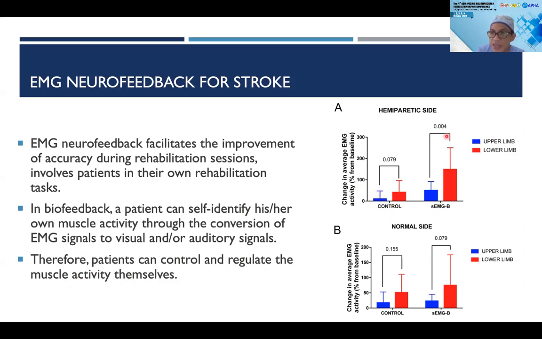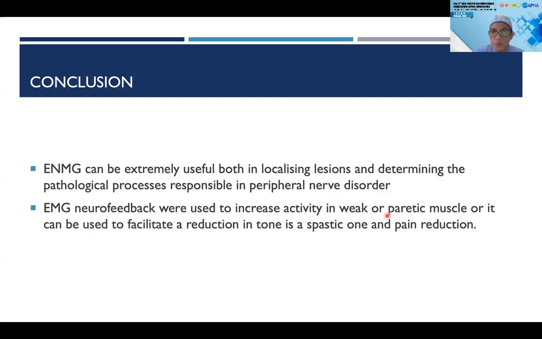If we look at the hemiparetic side, the improvement in either the upper limb or the lower limb using surface EMG biofeedback is greater than the control. So EMG neurofeedback is beneficial for patients with stroke.